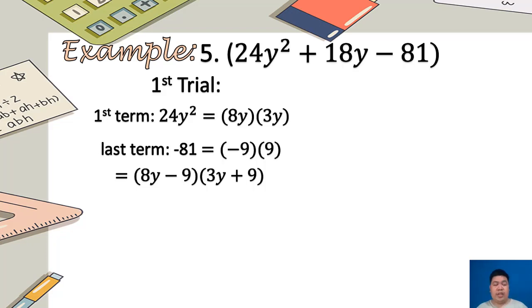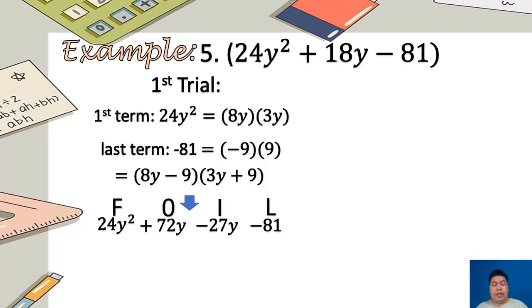So let's check using the FOIL method if the factors of the binomials are correct. So first, we have 24y squared. Next, we have 8y multiplied by 9, we have 72y. Then negative 9 multiplied by 3y, we have negative 27y. Then negative 9 multiplied by positive 9 is negative 81.